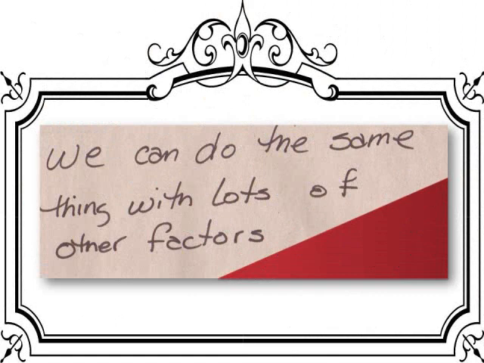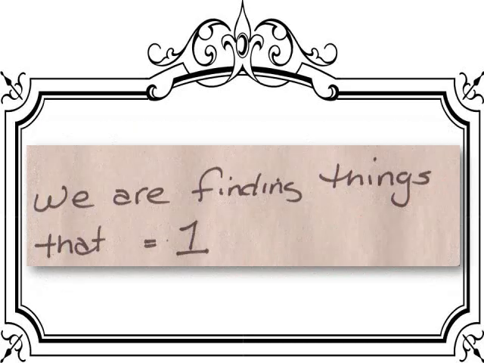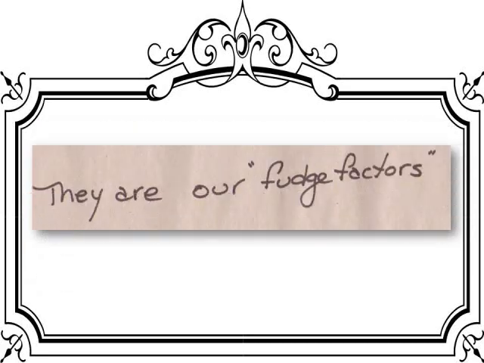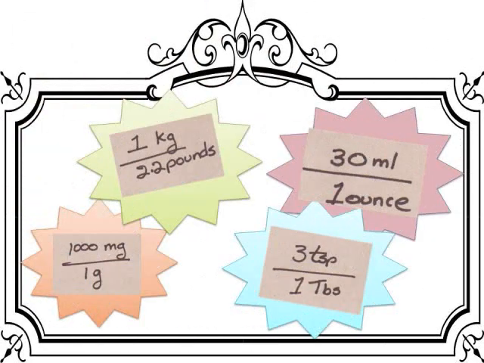We can do the same thing with lots of other kinds of factors that we use in nursing. We're finding things that equal 1. There are fudge factors. We've got things such as 1 kilogram is the same as 2.2 pounds, so 1 kilogram over 2.2 pounds equals 1. 1,000 milligrams over 1 gram equals 1. 30 milliliters over an ounce equals 1.